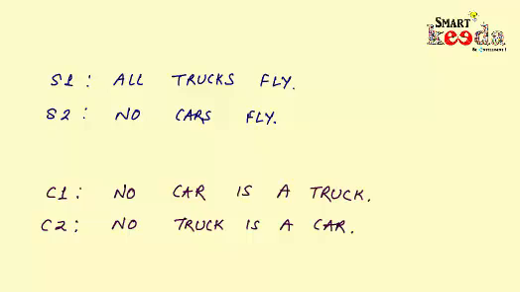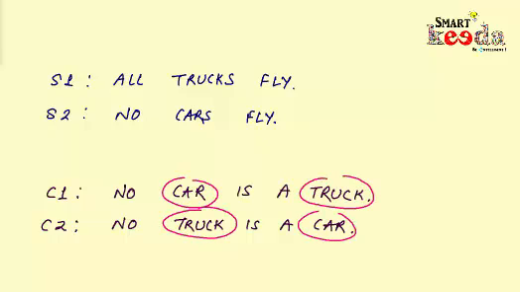Now from the conclusions you can see that in both the conclusions a relationship between the classes cars and trucks is given, while in the statements the classes trucks and cars are in two different statements. Therefore we need to apply the logical deduction method here to find a conclusion between the classes trucks and cars.